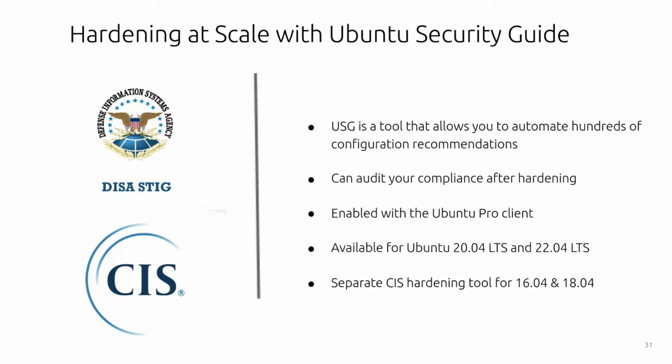What do I want to highlight here? That this tool is available starting Ubuntu 20.04 LTS. It is also available in 22.04. Prior to that, we did have hardening, but we had separate tools for CIS. But the USG, the Ubuntu Security Guide, is relevant for both DISA-STIG and CIS.